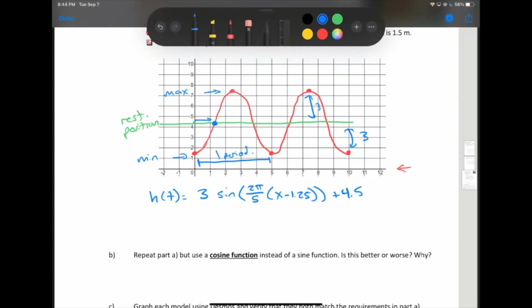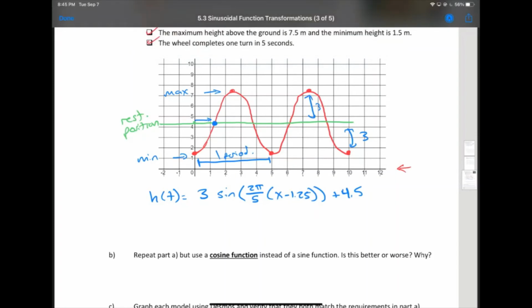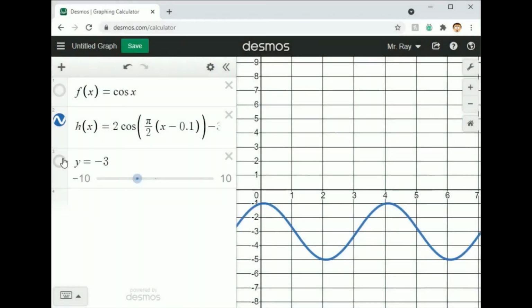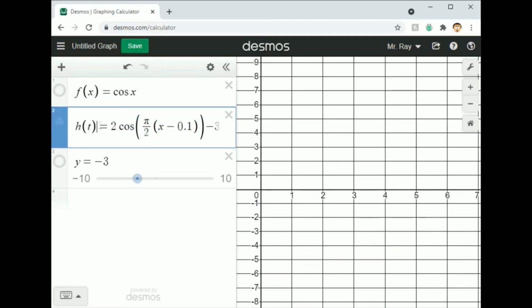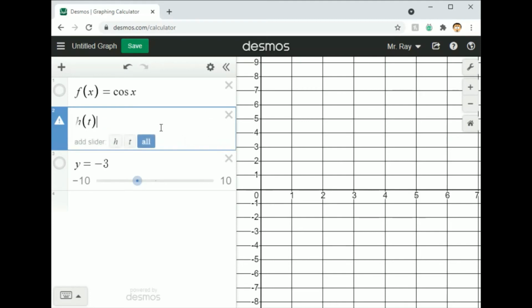Going to take a quick second, a very quick second. Well, I guess all seconds are the same length, but I'm going to take a quick moment and go back to Desmos and let's see if this actually kind of works. So we want h at t, I think it'll accept t as a variable. Some variables it's okay with, some it's not so much.